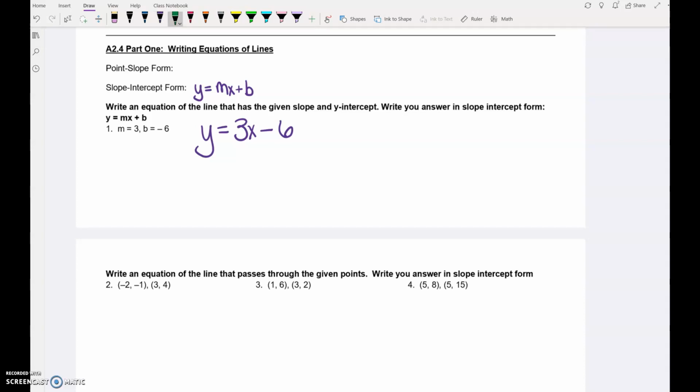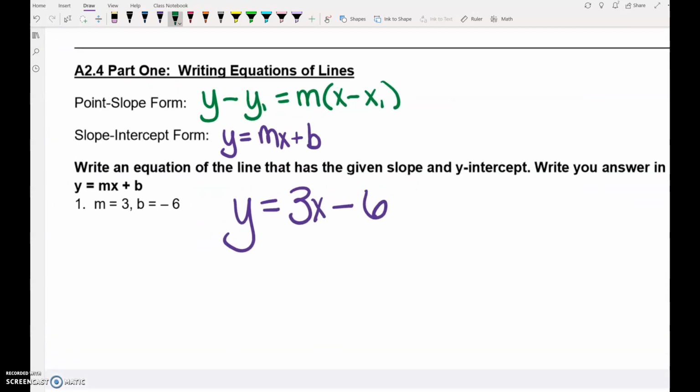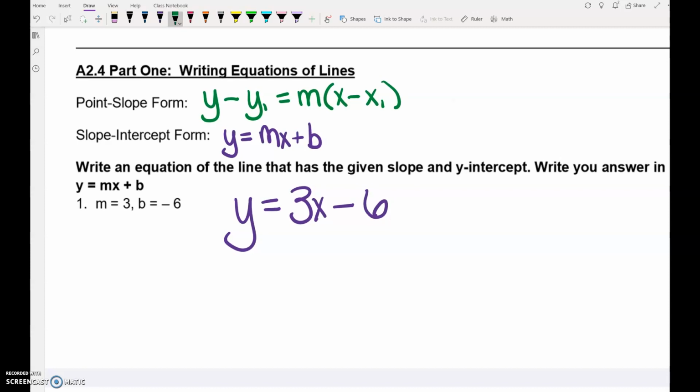Point slope form is y minus y1 equals m times x minus x1. There's a few things that you need to be aware of with point slope form. First of all, the point that you use is x1, y1.